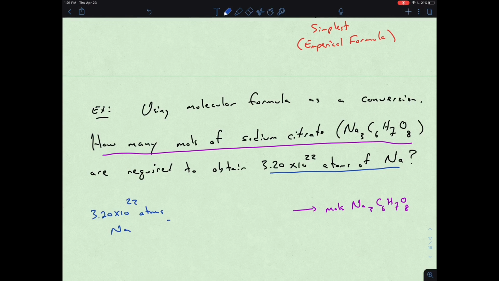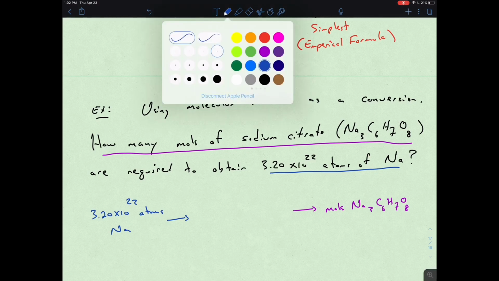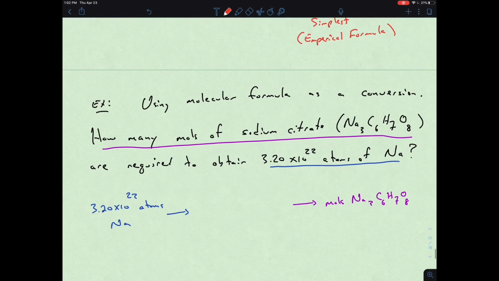And so somehow I got to find the connection that goes between those two. And so what we would find is there's hopefully two connections for us. First, what I see is starting with atoms, and I need to get to moles.